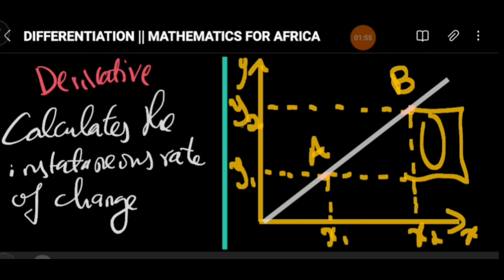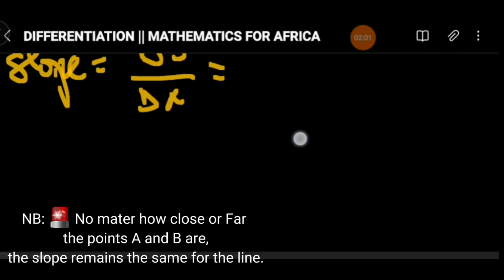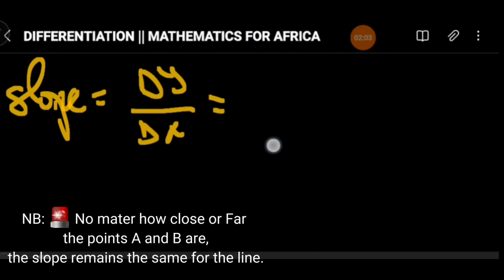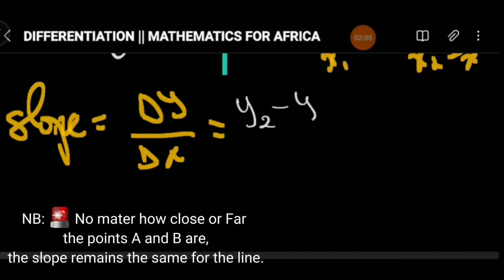To find it, you simply say y2 minus y1 gives the difference here, and x2 minus x1 gives the other difference. So the slope is y2 minus y1 all over x2 minus x1.